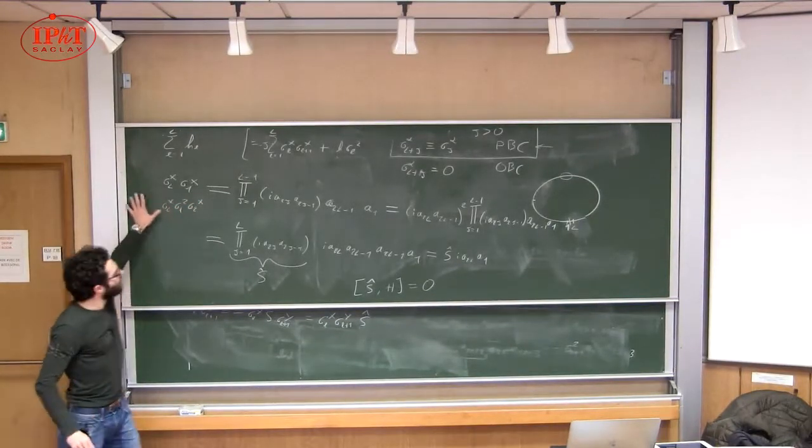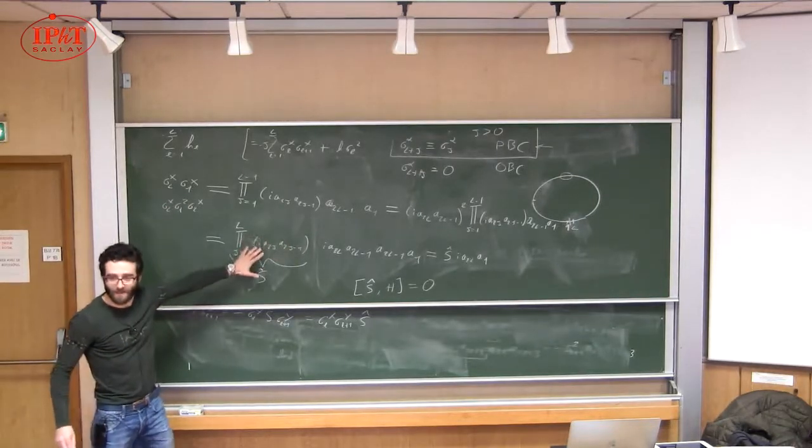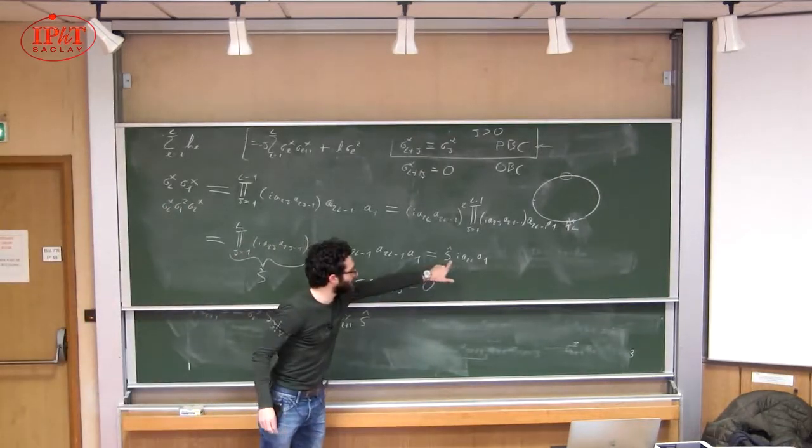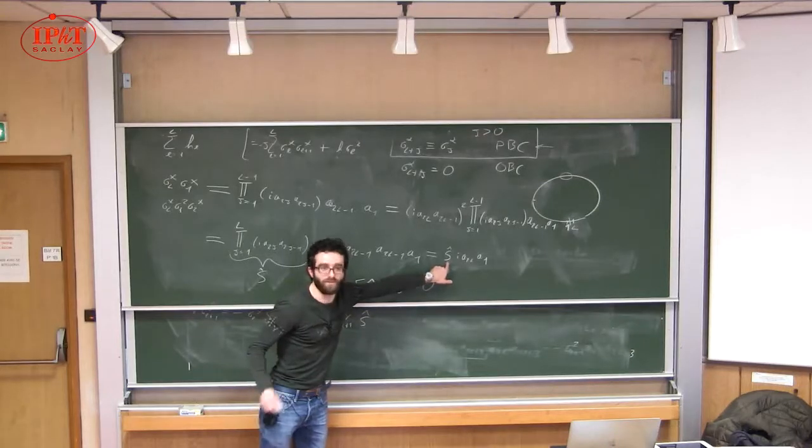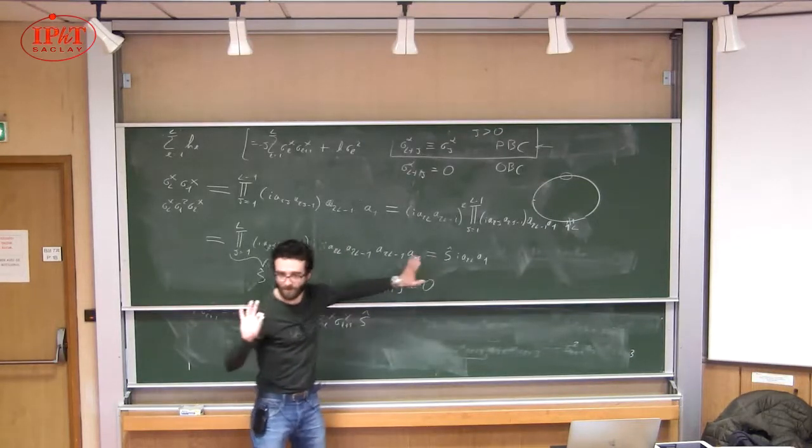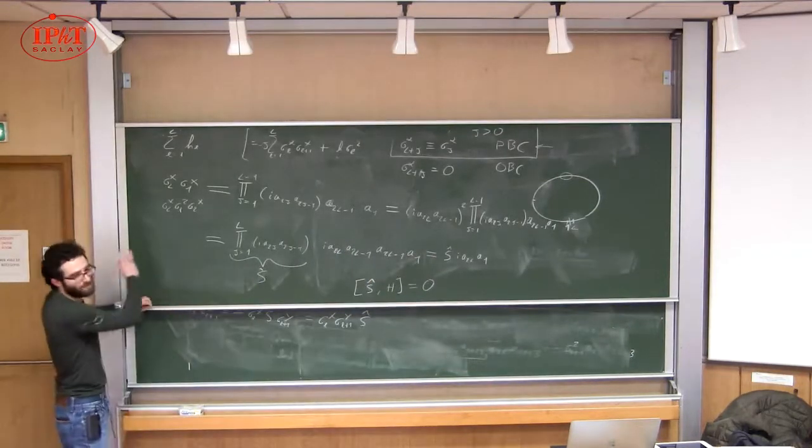Then you can show that the calculation is analogous. And again, the result will be S multiplied by 2 fermions. So all the terms will satisfy this property.